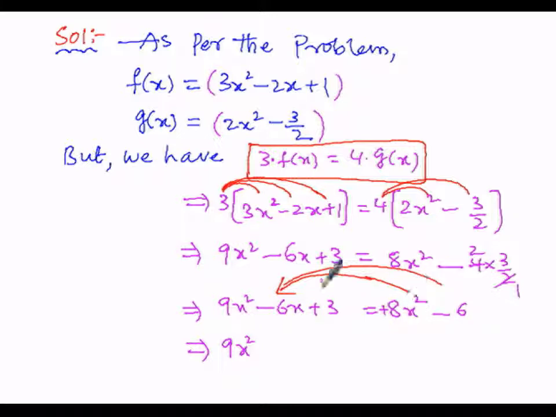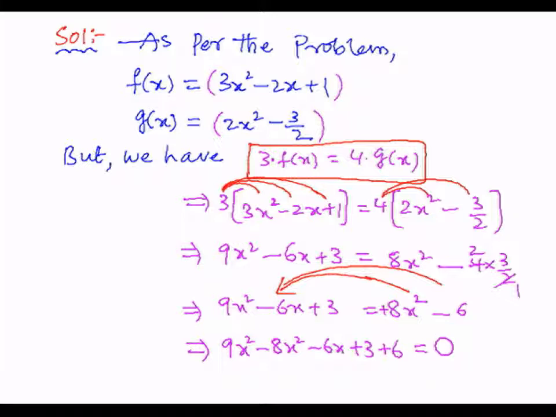When it is transposed to the left hand side, it becomes minus 8x square. Then minus 6x, there is no other x term on the right hand side, so let us write minus 6x as it is. Then the constant plus 3 is on the left hand side. By transposing minus 6 from the right hand side to the left hand side, it becomes plus 6. Then 0 is left over on the other side.